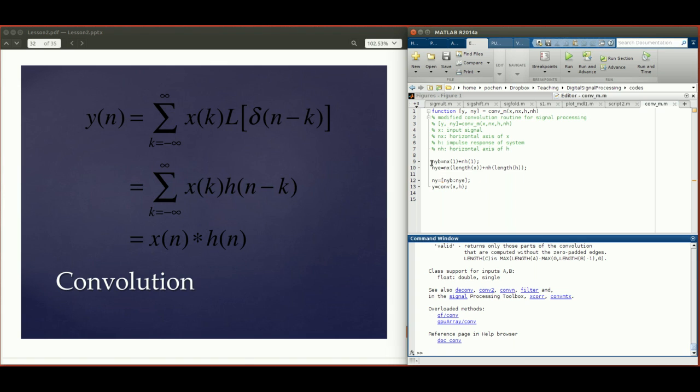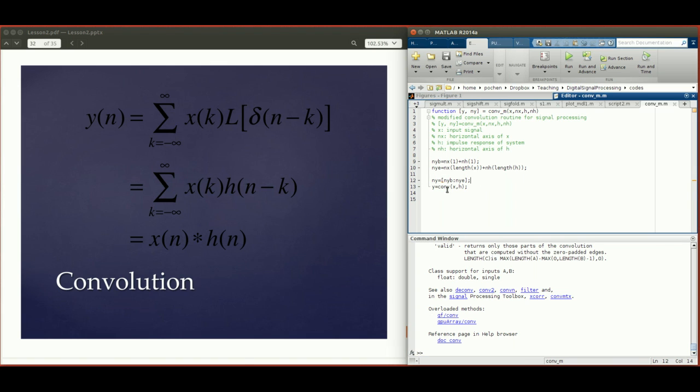But there are some additional lines that I put in here, right? Before I actually call the Matlab conv, I'm doing some other things. Suppose we look at this line, nyb equals nx1 plus nh1. nx1 is basically the starting index of the x signal, and nh1 is basically the starting index of the impulse response signal.